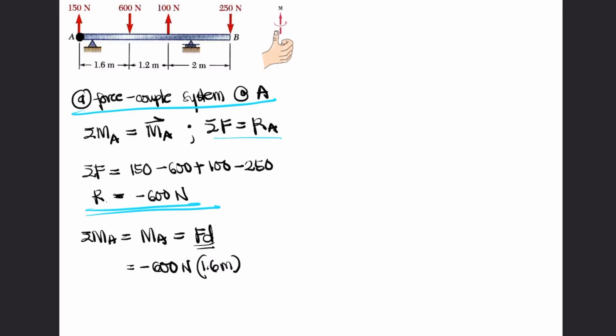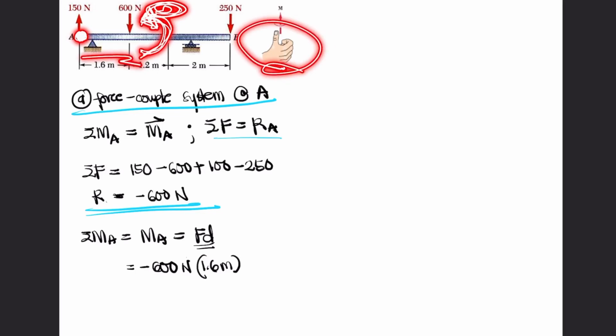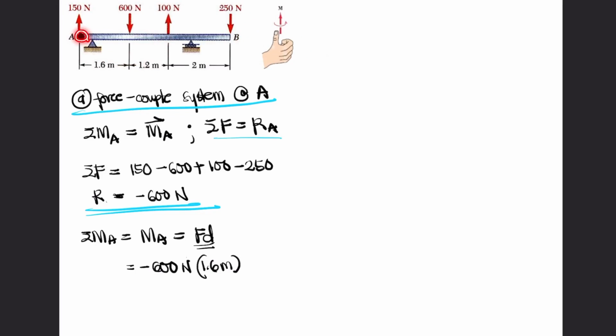Next. Again, with your right hand rule, for the rotation of the 100 in this direction, your thumb is pointing towards you. When it points towards you, that is positive. The direction of your fingers is the curl. So, that is the right hand rule. Pointing towards you at point A, this 100 is positive.